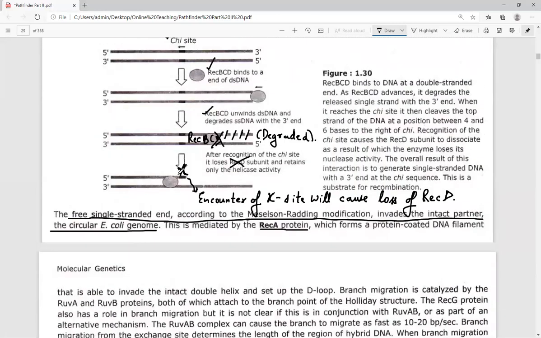Now the RAC-A protein is going to coat the entire DNA fragment that is going to be produced. There is the DNA fragment that has been separated. This DNA fragment will be coated by another protein called the RAC-A protein.